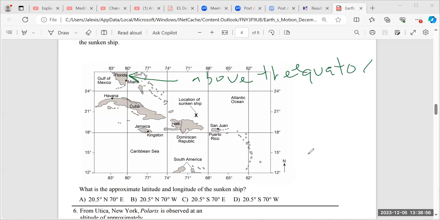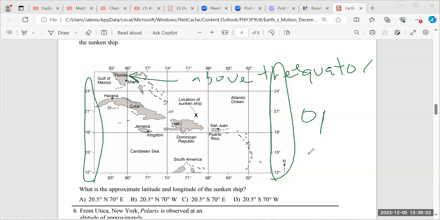Because it makes all of these latitudes have to be degrees north. That's number one. So all of these latitudes have to be degrees north: 21 degrees north, 24 degrees north, 18 degrees north, 15 degrees north, 12 degrees north. That's the first thing. These are all degrees north.